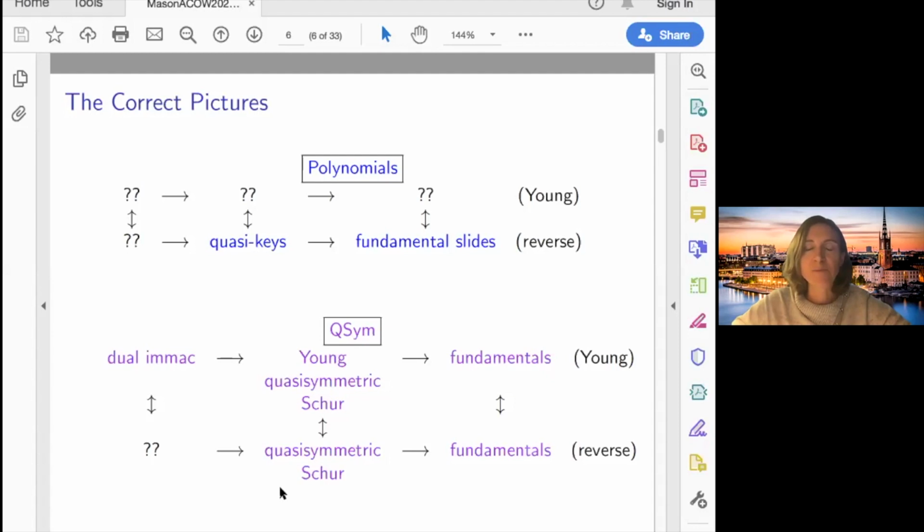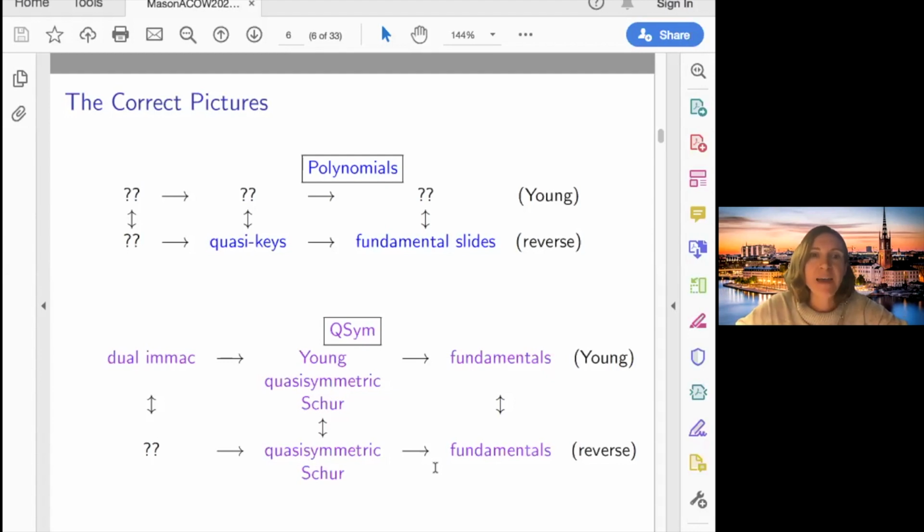And so we thought that this splitting into two families was something distinct to the quasi-symmetric Schur world, especially because we didn't see it in the fundamentals. And so it turns out that the lifts up to the polynomial ring were connected to what we'll call the reverse setting of everything.